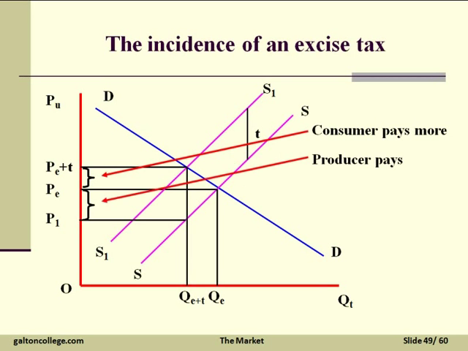So now, in effect, the producers are paying some of the increase in the taxes, as indicated in the diagram, and the consumers are paying some more. So in other words, the total tax, T, that the government receives, part of it is being paid by the producers and part is being paid by the consumers. The precise amount paid by each will depend on how sensitive the market is to the increase in the tax.